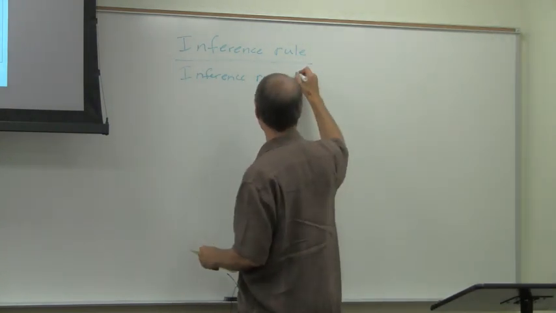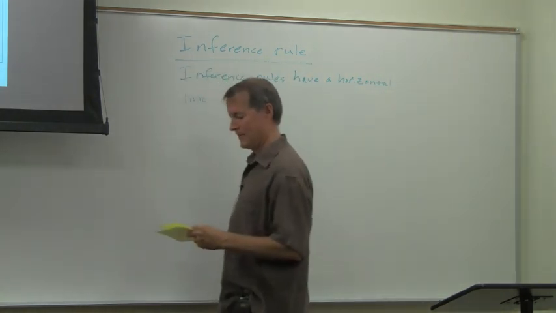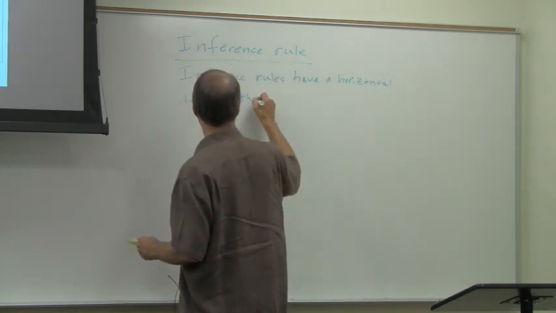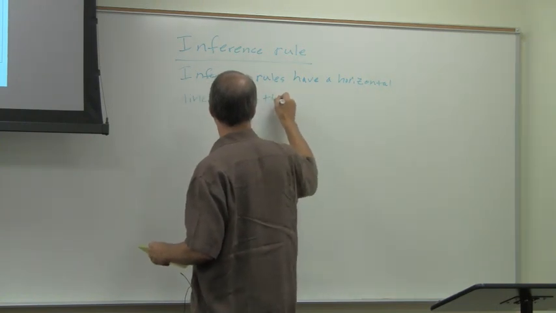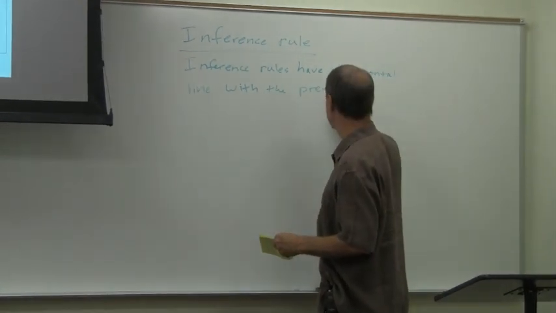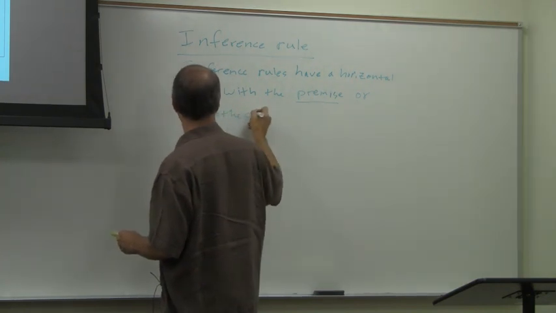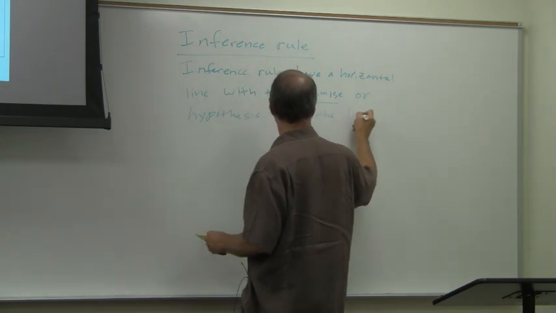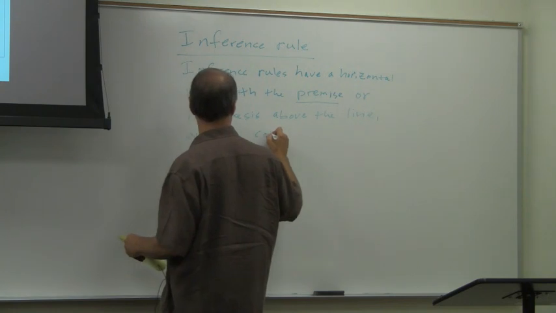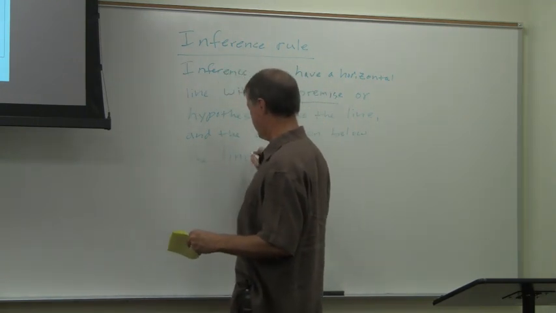Inference rules have a horizontal line, with the premise or hypothesis above the line and the conclusion below the line. All right?